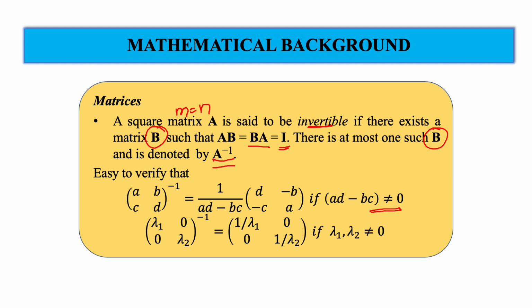So it is easy to see that a diagonal matrix, if it has non-zero diagonal elements, can easily be inverted. For a 2 by 2 matrix, the condition is that lambda 1 into lambda 2 should not be equal to 0. So one can use this formula directly.